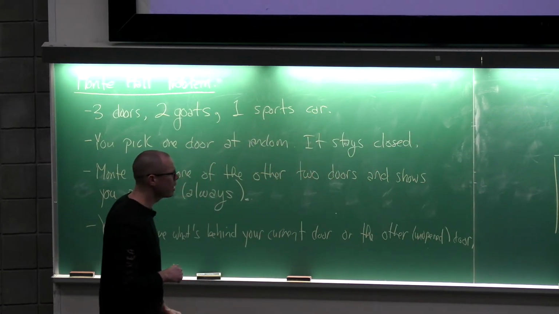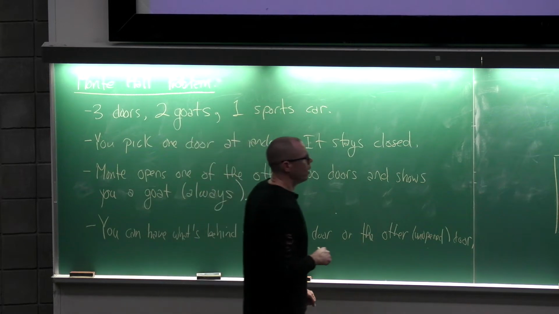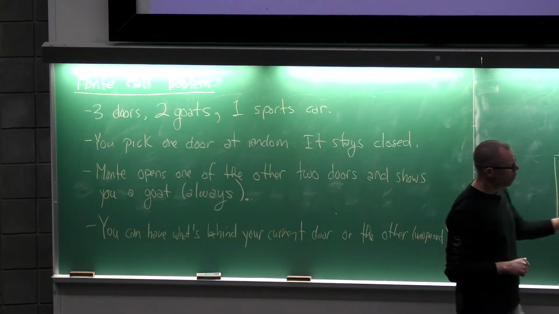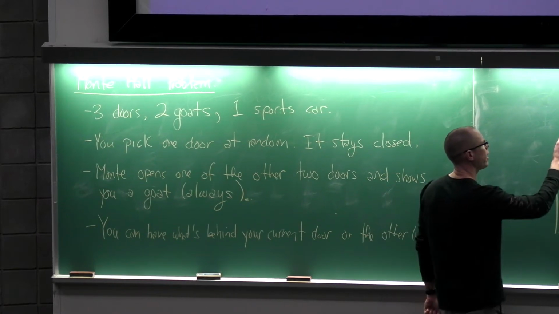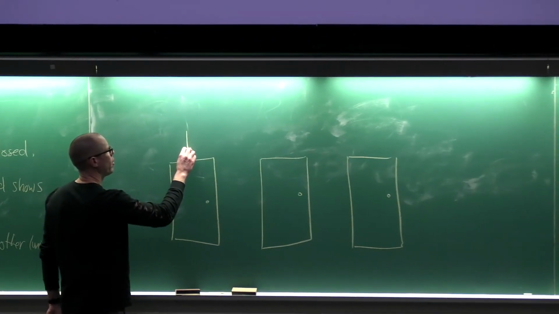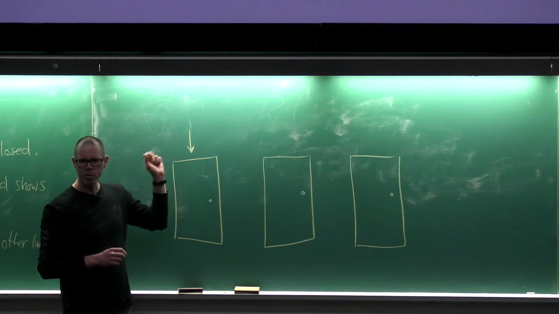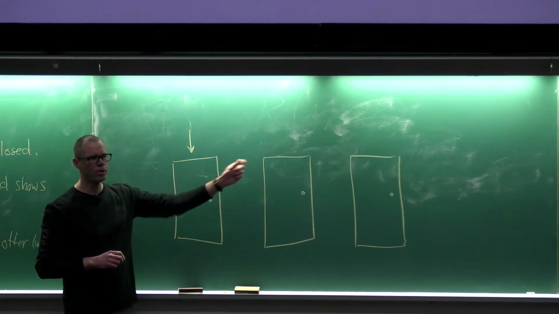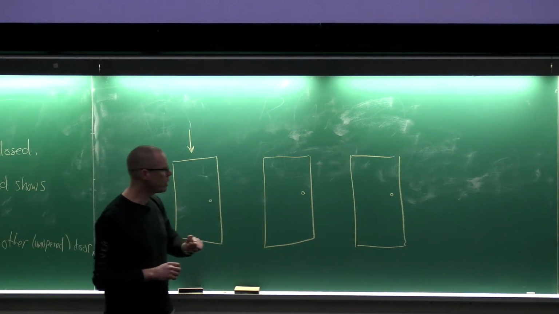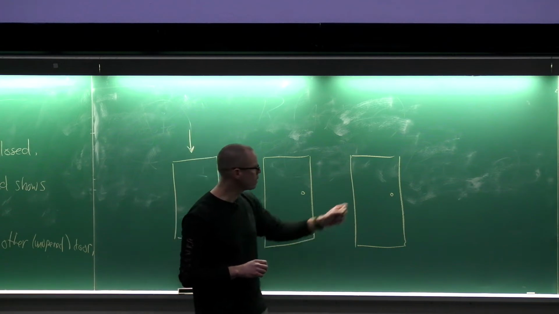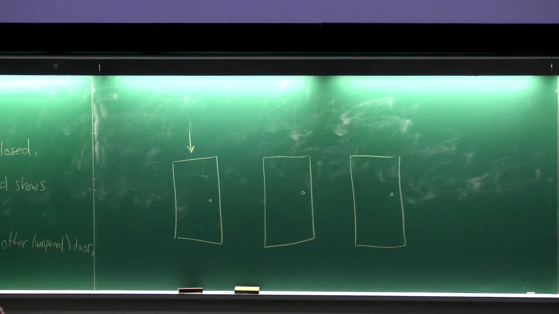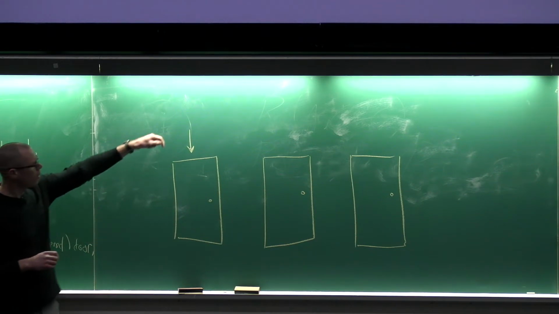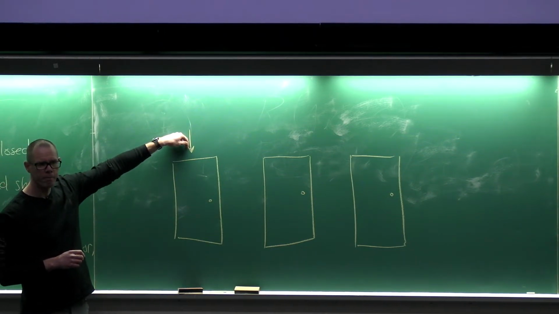The game plays out like this: you pick one of the doors at random. There are 3 doors, so with probability 1/3 you pick each one. You tell the game show host, Monty Hall, this is the door that I pick.